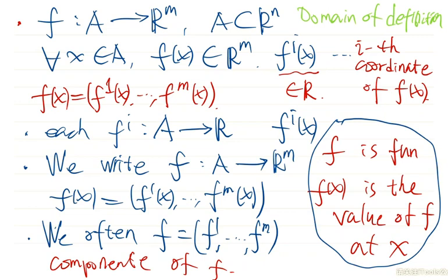So a vector valued function f is completely determined by its components. It has m components. Okay, this is our basic concept of vector valued functions or maps.